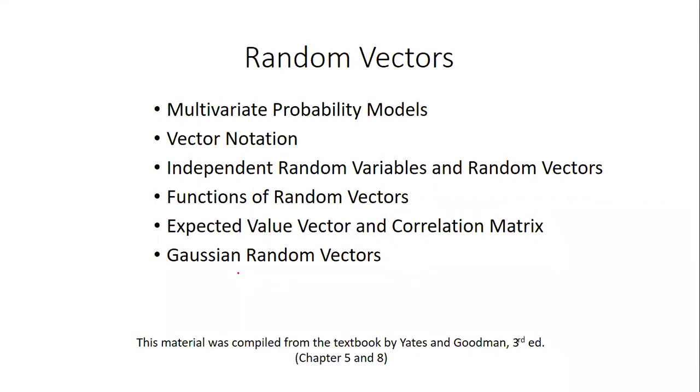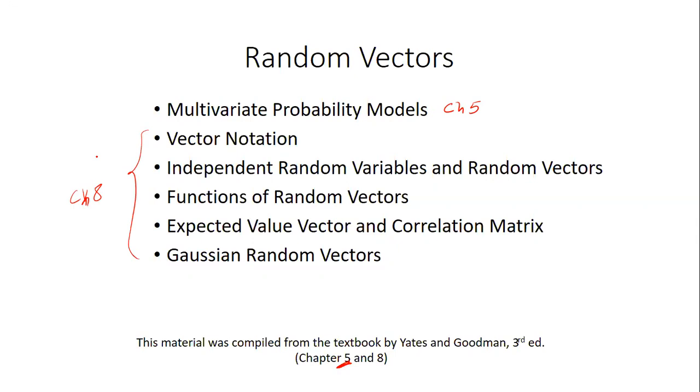We'll begin with multivariate probability models. This is a continuation of the subject of the previous week from chapter 6. So this is from chapter 5, sorry. And these are from chapter 8 of the textbook.